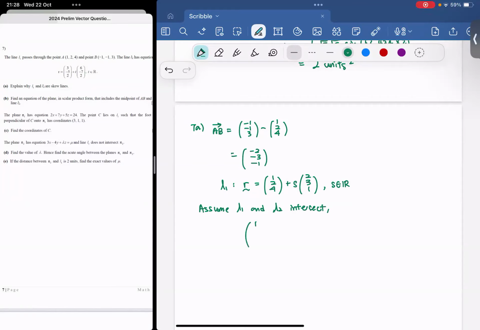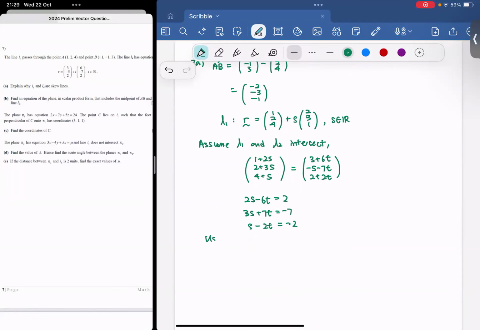Okay, then we will know that (1 plus 2s, 2 plus 3s, 4 plus s) equals (3 plus 6t, minus 5 minus 7t, 2 plus 2t). Then you can form your simultaneous equations. 2s minus 6t equals 2. 3s plus 7t equals negative 7. s minus 2t equals minus 2.